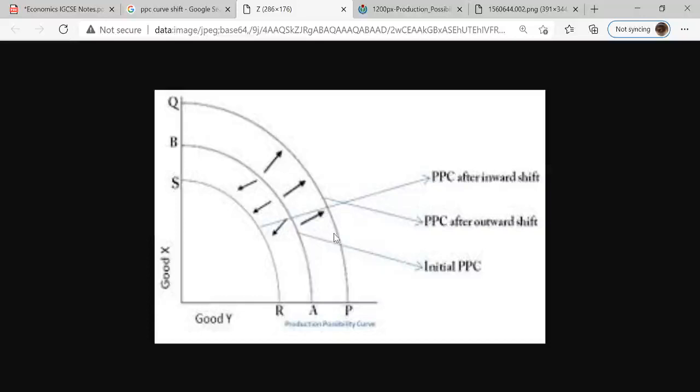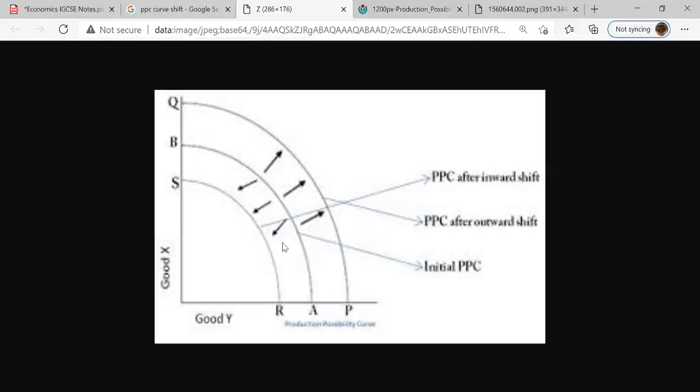If it goes outward, that means you now have more resources to produce more output. What can lead to this situation? Economic growth is one of them, it will help you to produce more. Then technological improvement, the discovery of new resources or mines, then providing training and increasing productivity. This will help you to produce more output.